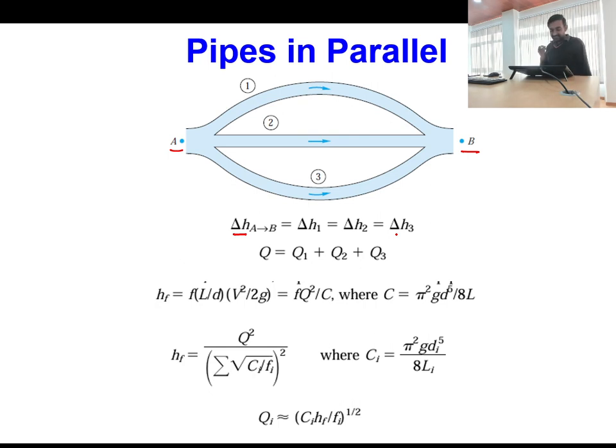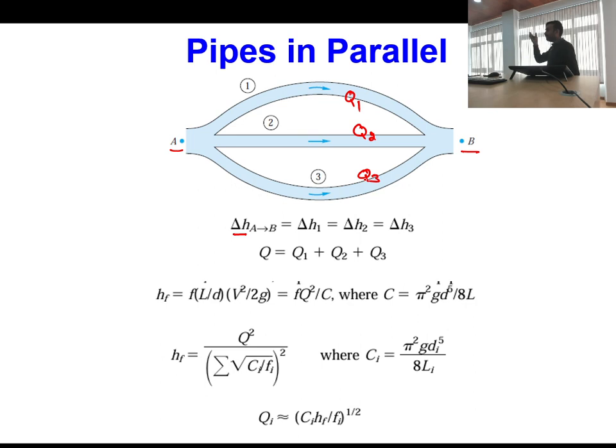You can see clearly that the first pipe is completely straight and the other two pipes have certain curvature, so of course their lengths are different and they can have different diameters as well as roughness. Therefore, whenever I consider the flow rate through individual pipes, I show it as Q1, Q2 and Q3.